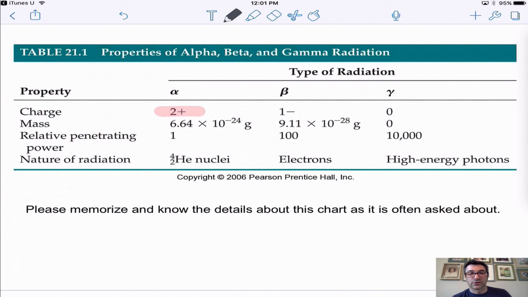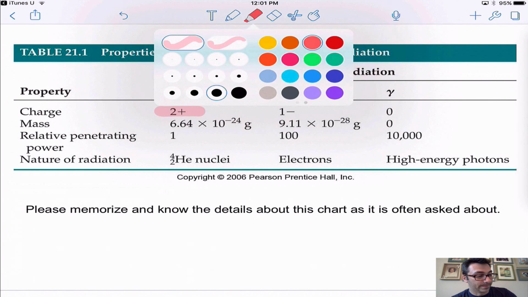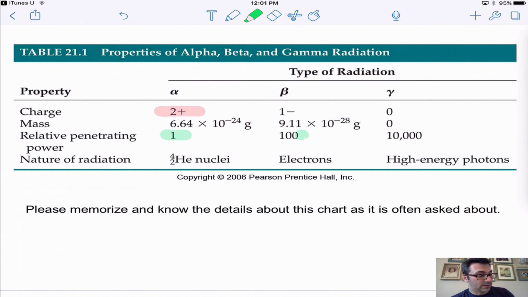And what I really want to draw your attention to for this slide is the penetrating power. So if I were to have an alpha particle source, the same ones that Rutherford was using when he did the gold foil experiment, the penetrating power of an alpha particle is pretty low. In fact, it won't really penetrate your skin to any great degree.